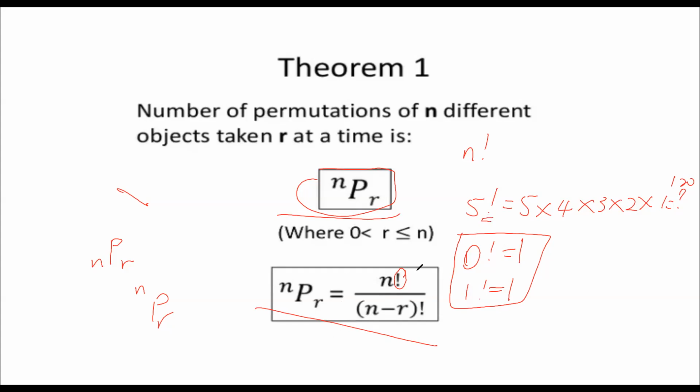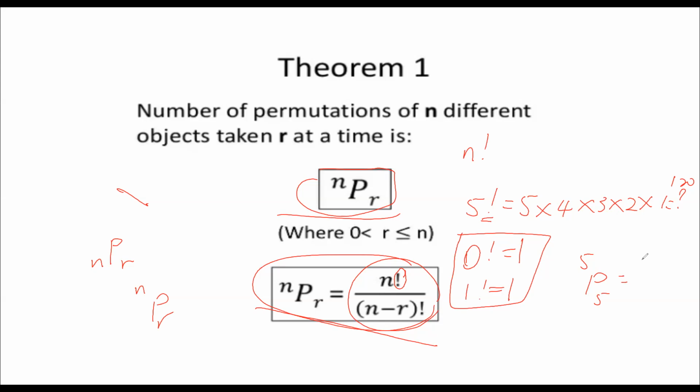And mind you, you don't even have to use this formula because it's built into the calculator. It's built into the calculator. And you can see here that if you have 5 objects and you choose 5 from it, what would that be equal to?